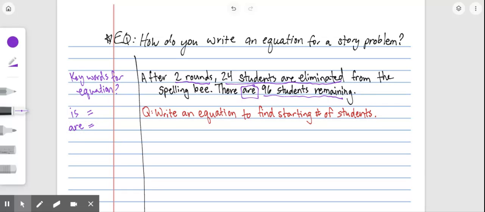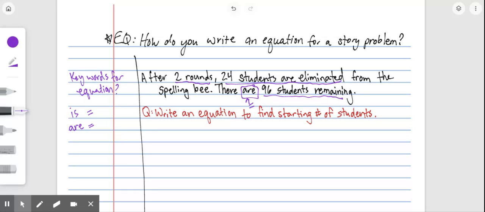Are is just the plural of is. So is like there's one person. Are is like there are multiple people. So are is the plural of is. So when you see the word are, this also means equals.